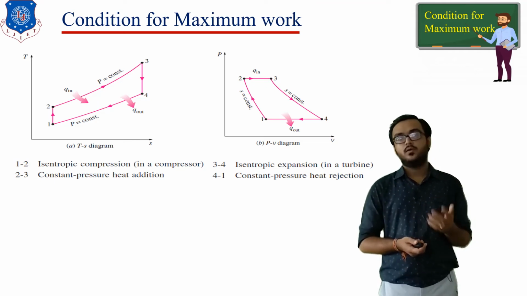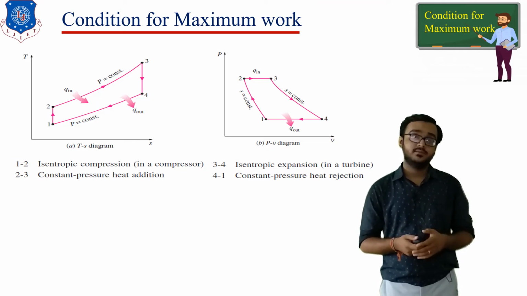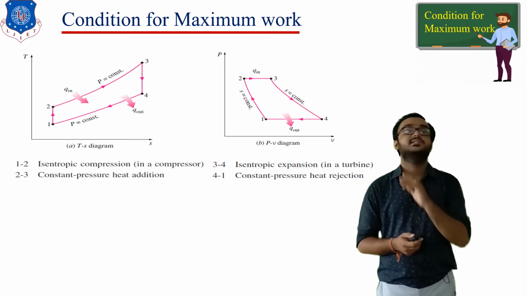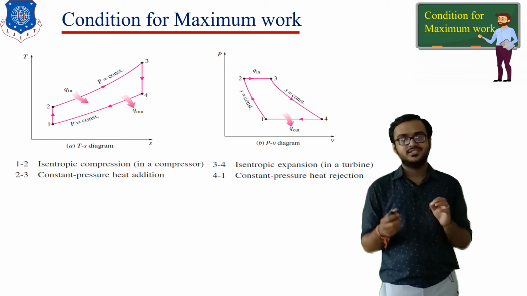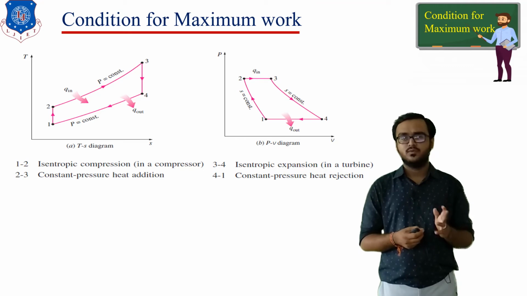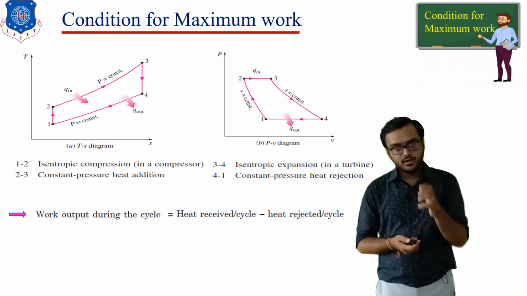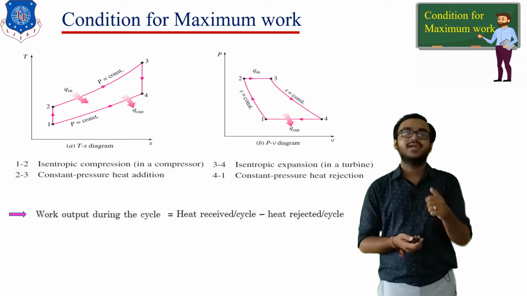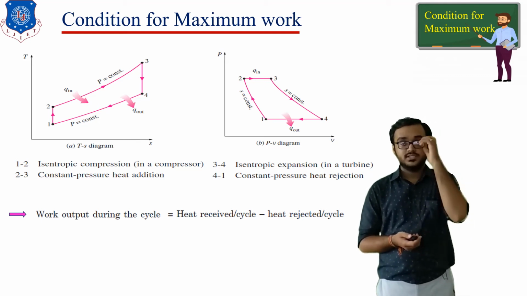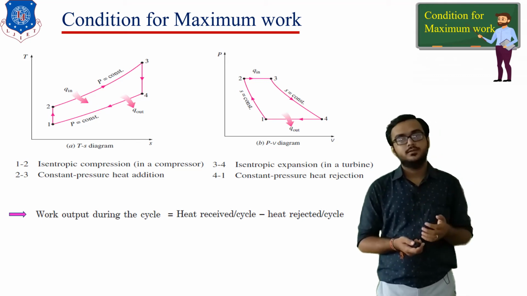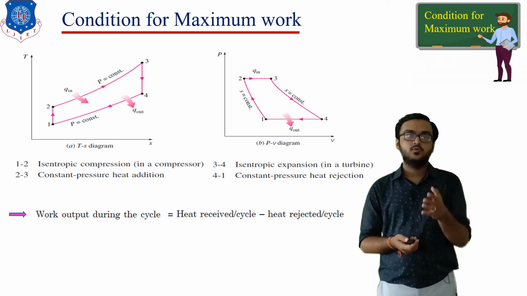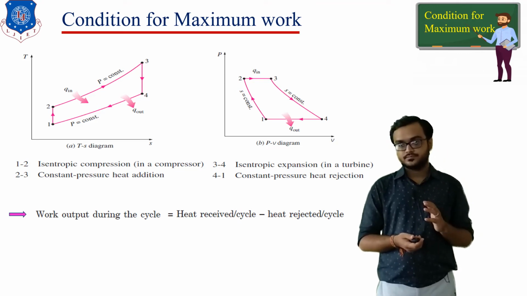Net work done is nothing but the heat supplied minus the heat rejected. Just apply the simple thermodynamic law: the work output during the cycle is the heat received minus the heat rejected.